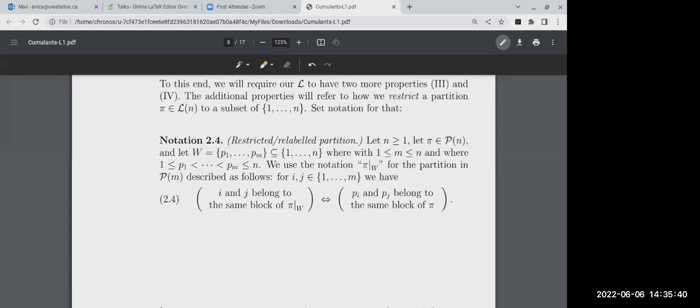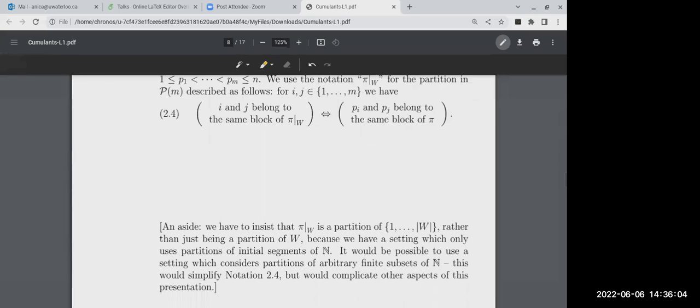It's about how you restrict partitions. Let me take some examples. I take my usual thing with seven legs: pi on 1, 2, 3, 4, 5, 6, 7, where I connect 1 with 3 and 4, 5 with 7, and 2 with 6.